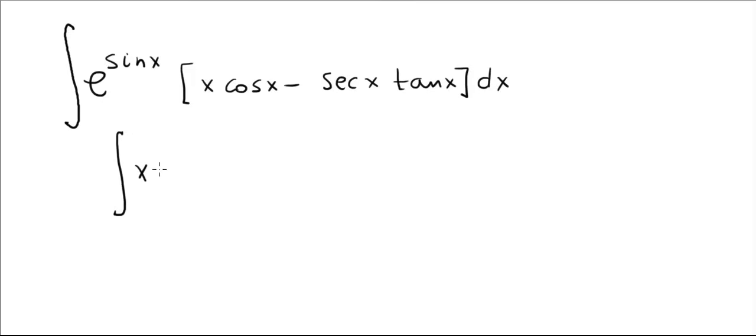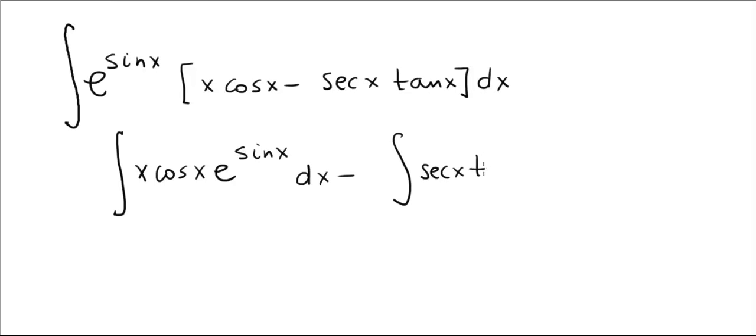The first one is the integral of x cosine x e to the sine x, minus the second integral of secant x tangent x e to the sine x. And we're going to use integration by parts for both of these integrals.